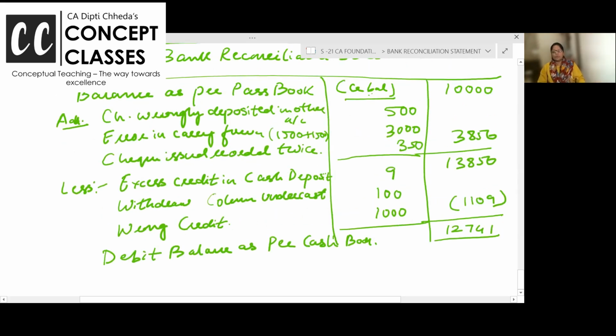Clear to all of you? Balance as per passbook, add and less. Check any items. If you have doubt, put me a message in the chat box.